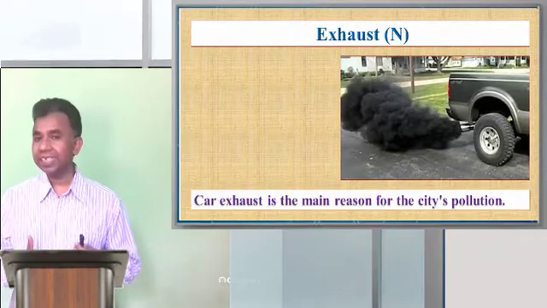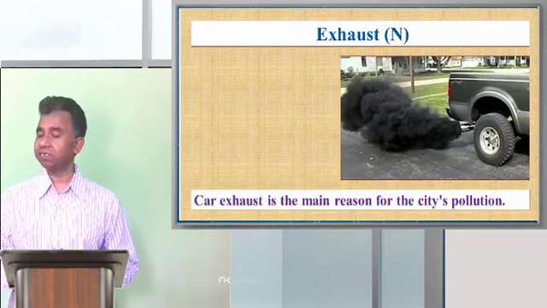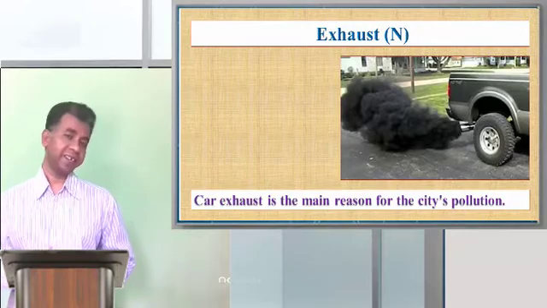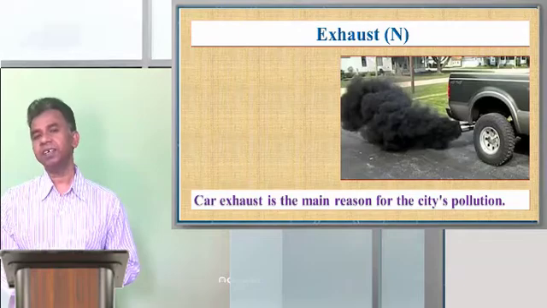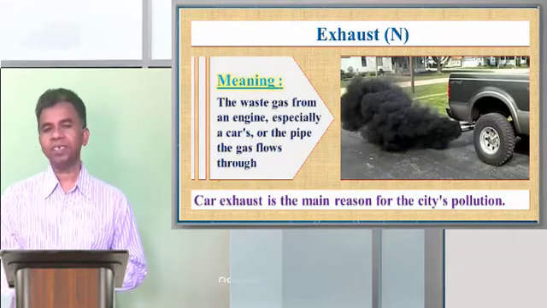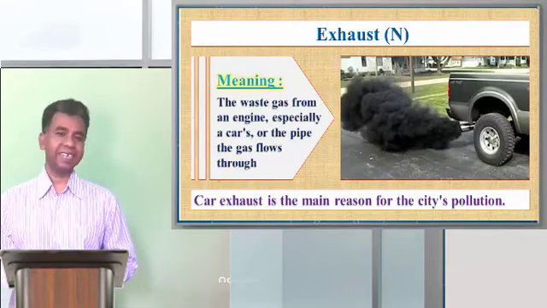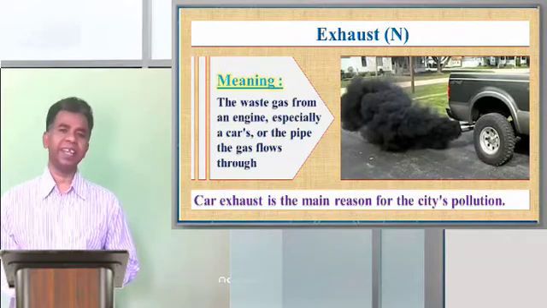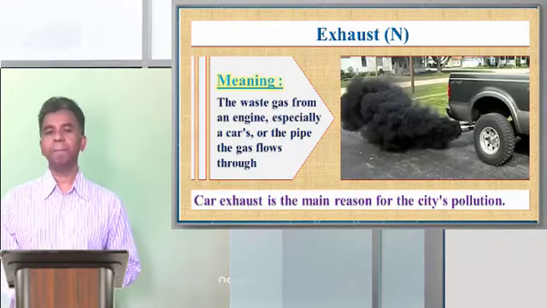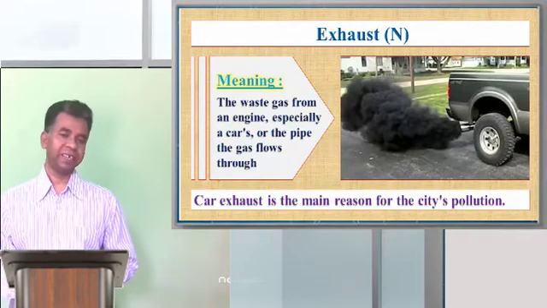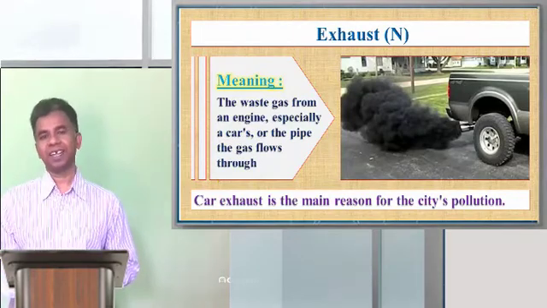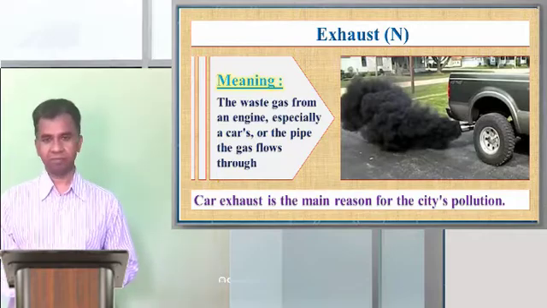Now, can you guess what is the meaning of exhaust? You. Yes, you are correct. The waste gas from an engine, especially a car, or the pipe the gas flows through. This word is a noun.